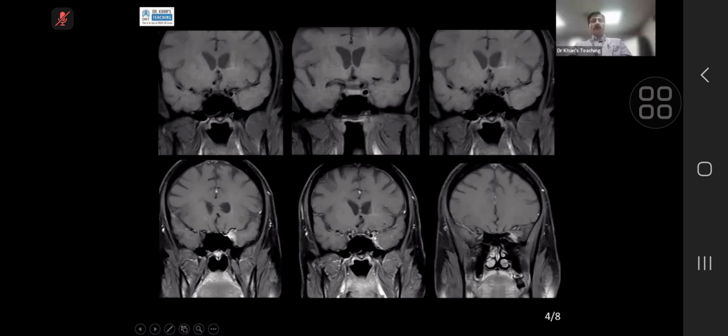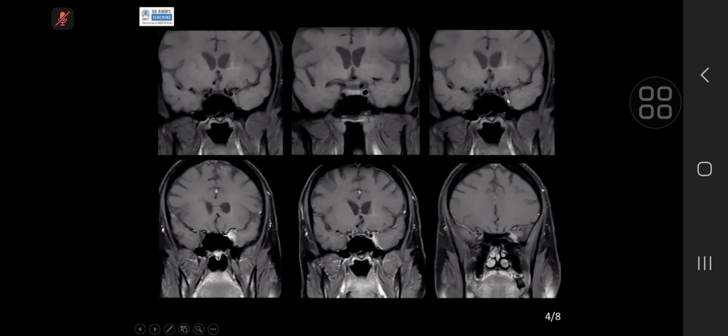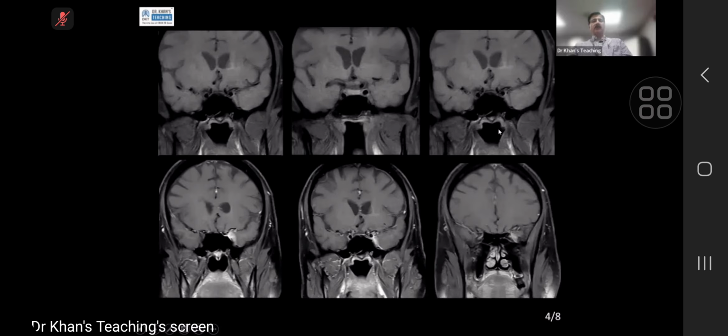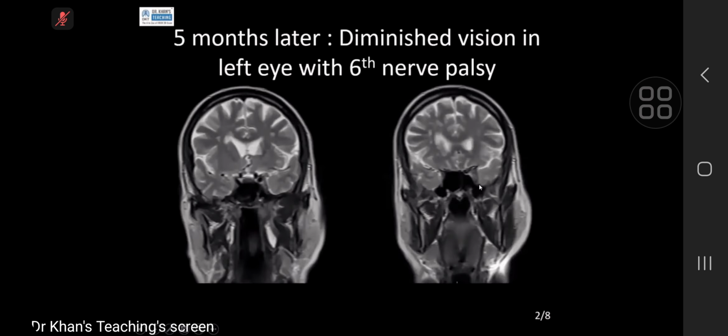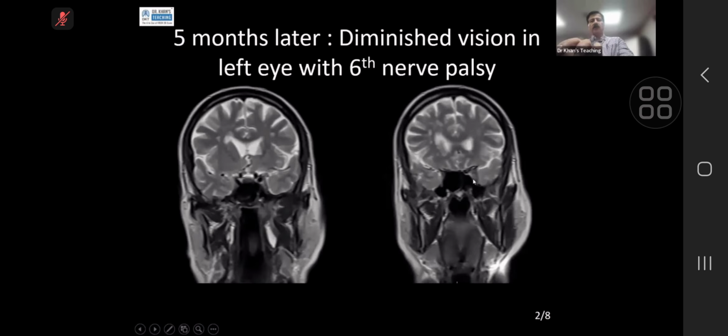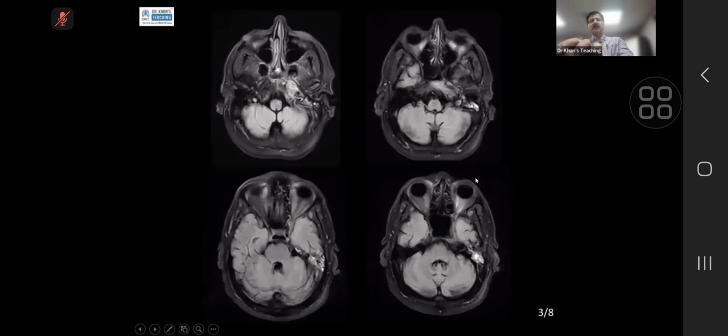What is this? We're looking at the region of the left cavernous sinus with the ICA. Excellent. Even on this T2, though it's not completely, there was a slightly different signal here, right?